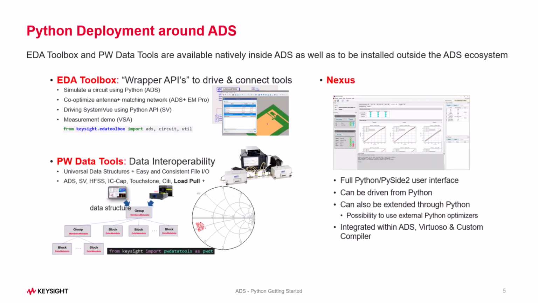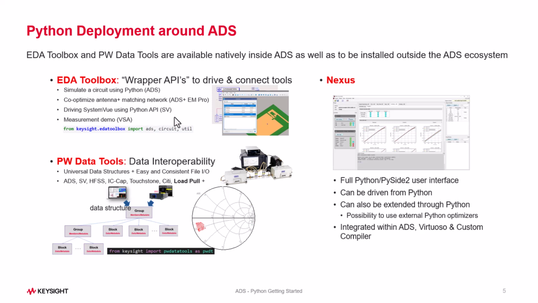Now there are other things around ADS which you can also automate. In the bigger context, ADS might be just one piece of the puzzle that you're trying to automate. In such cases, you can use tools like EDA Toolbox, which provides wrapper APIs to connect various tools as long as they support Python, and you can integrate the whole ecosystem together.